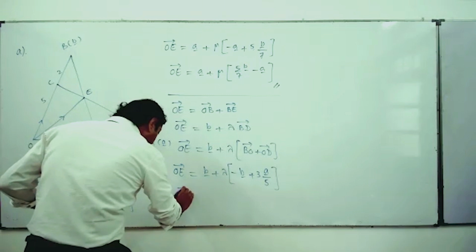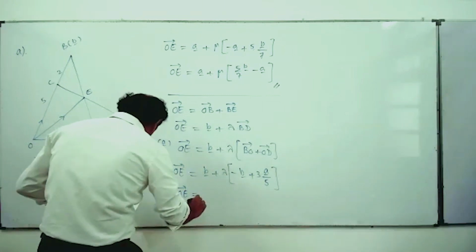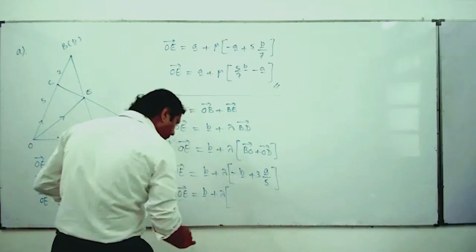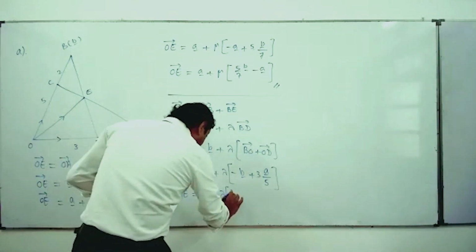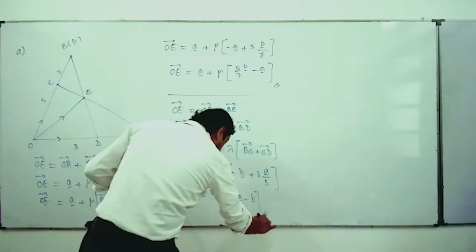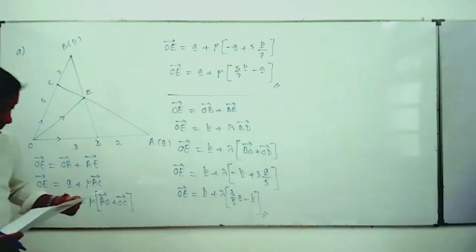Then OE vector we can write vector B plus lambda times 3 by 5 A minus B. Correct, no? This is the first answer.